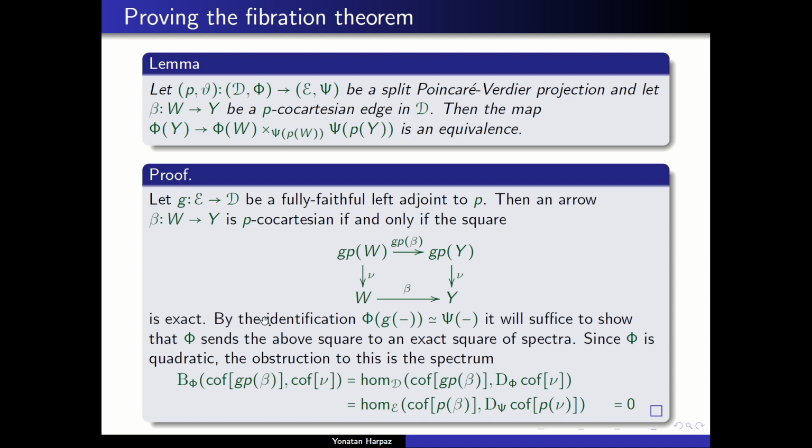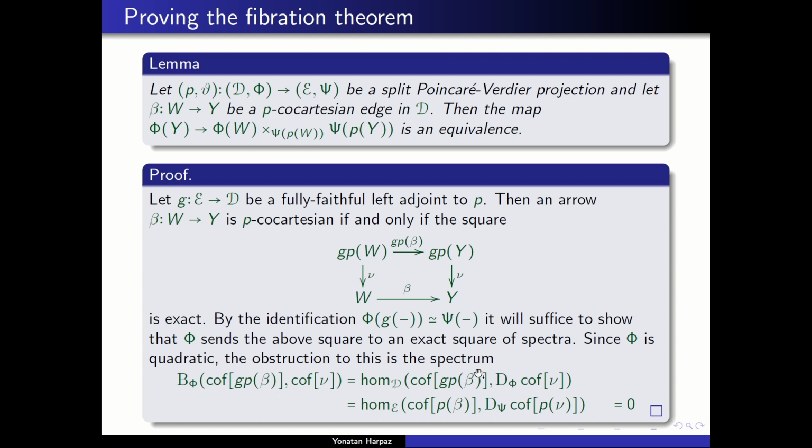Now, since D phi is Poincaré, this bilinear part can be expressed in terms of the duality of D. It can be expressed as the mapping spectrum in D from this cofiber to the dual of this cofiber. We now use the adjunction between G and P in order to remove G from here and put it here.